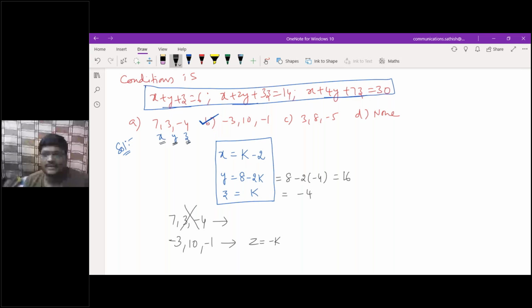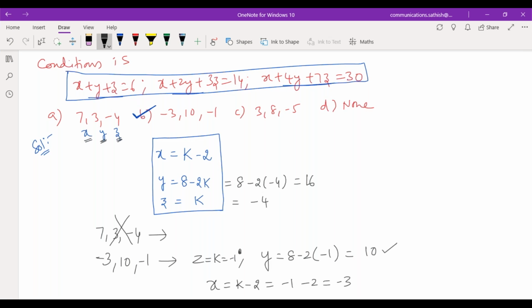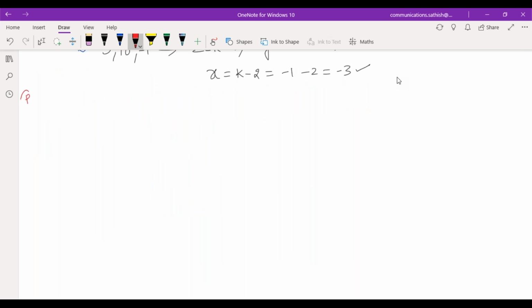Clear? Are you getting how to solve problems? That is how you people have to solve problems.